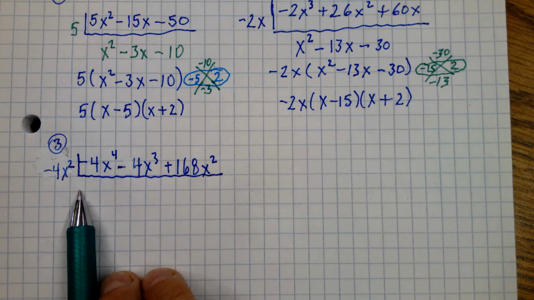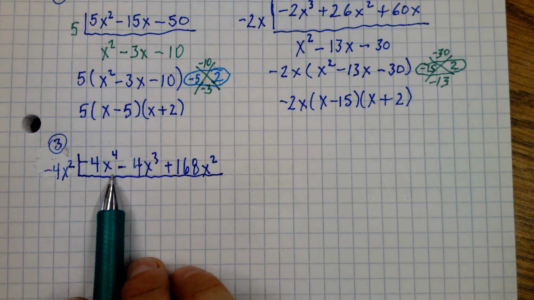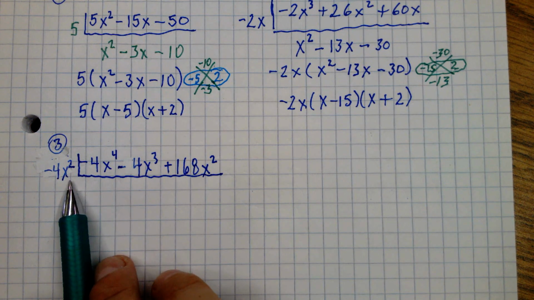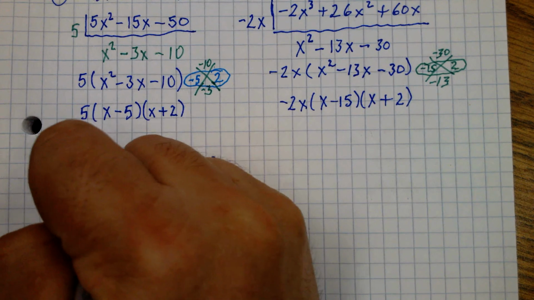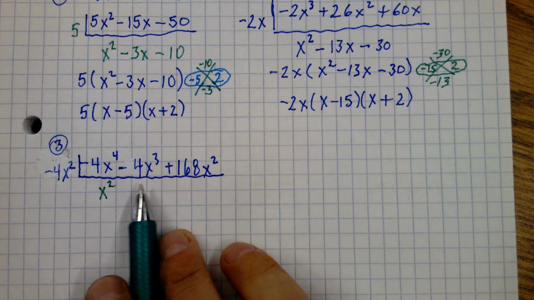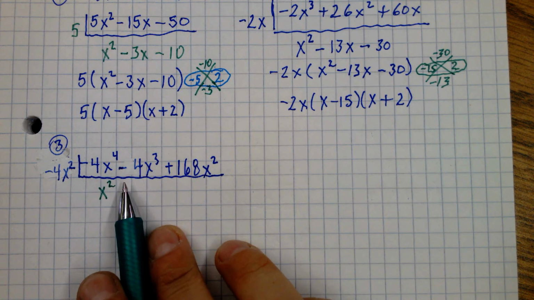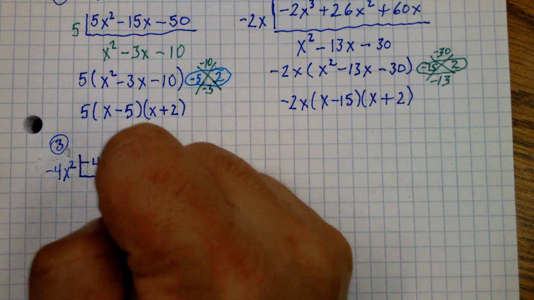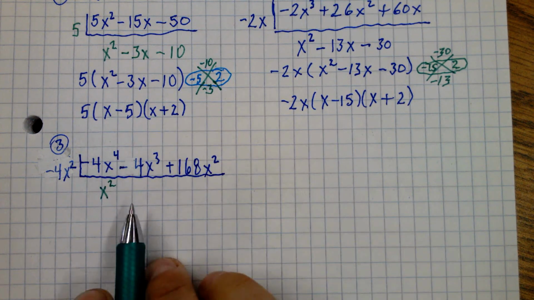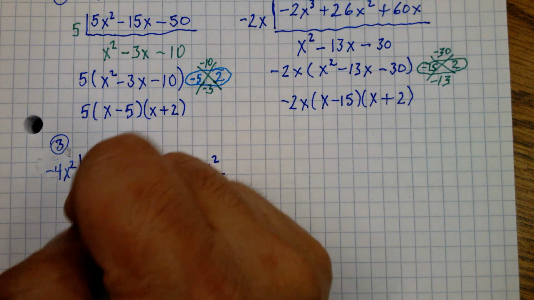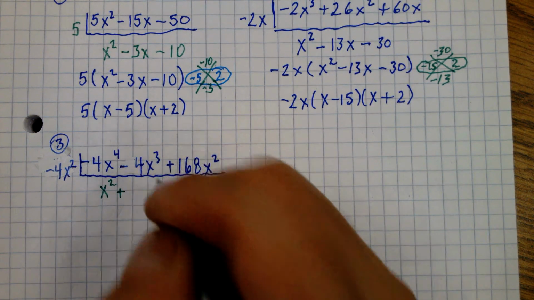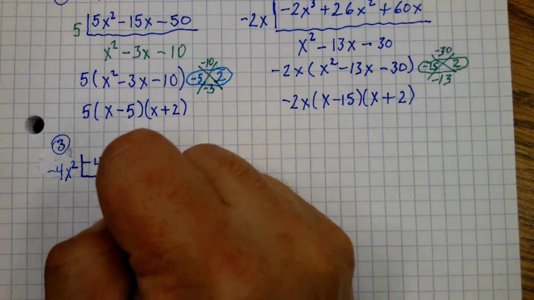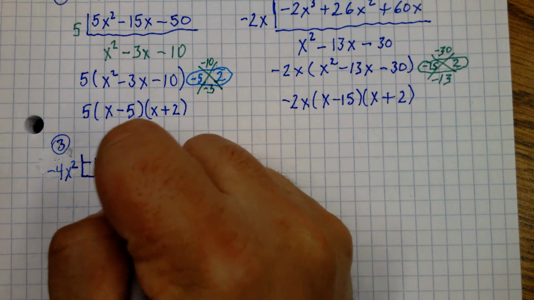Okay, so negative 4x to the fourth, I'm dividing out negative 4x squared. That becomes x squared. Negative 4x cubed, I'm taking out negative 4x squared. That becomes just x.